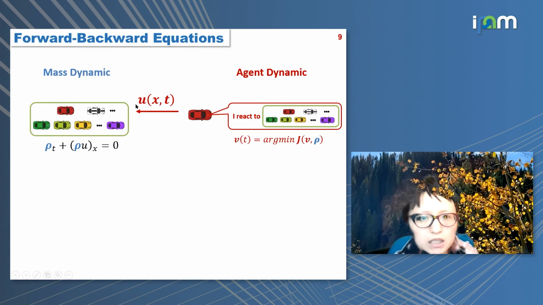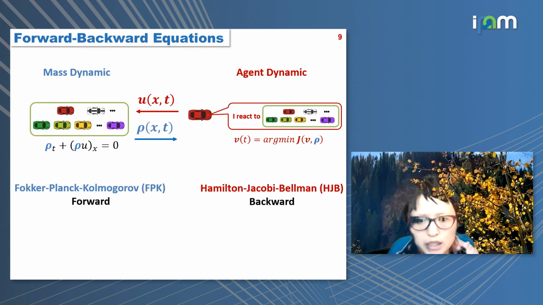Then we plug this velocity field into the mass dynamic, which is the flow conservation equation, or the continuity equation. When we plug in U, we can solve for traffic density rho. Then we feed rho back to the agent dynamics. This process goes on and on until an equilibrium is reached.